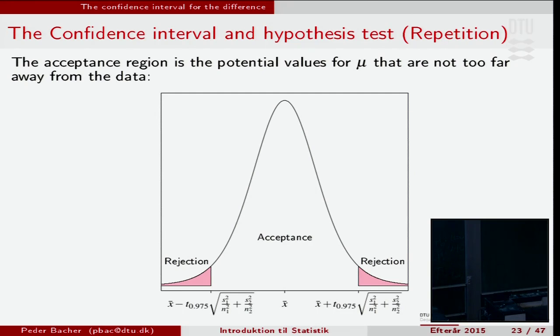So if 0 was outside this confidence interval, then we would know that we have found a significant difference. And we call these values in the t-distribution the critical levels.